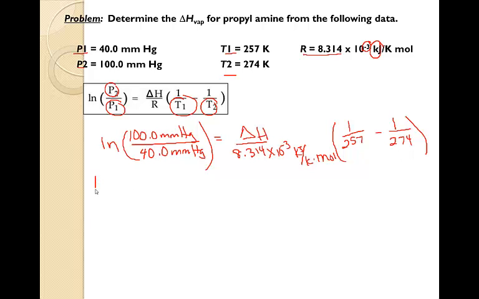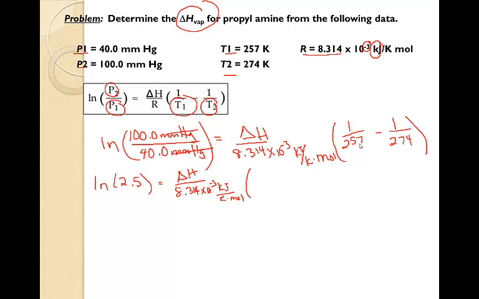So that's the natural log of 2.5. The millimeters of mercury cancel each other out. Delta H is what we're looking for. We're looking for the delta H of vaporization. 8.314 times 10 to the negative 3 kilojoules per Kelvin mole.